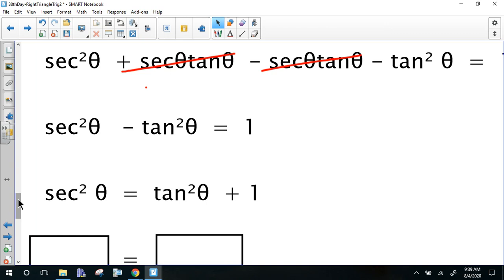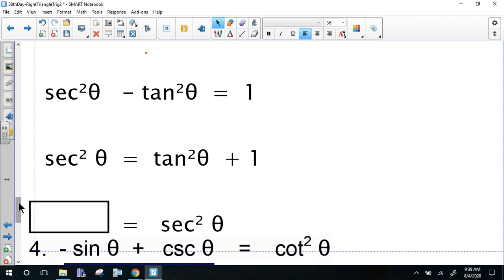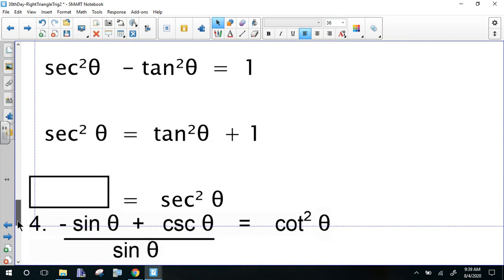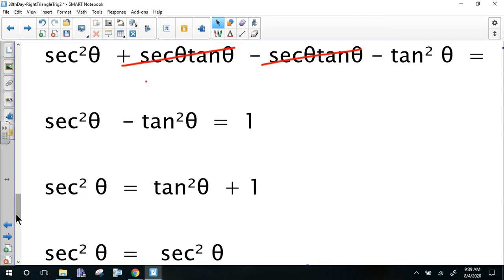Well, I know tangent squared, if I move that over to the other side, that'll get rid of this negative tangent squared. And I have something that in my identities told me that tangent squared theta plus 1 is secant squared. And secant squared theta equals secant squared theta.